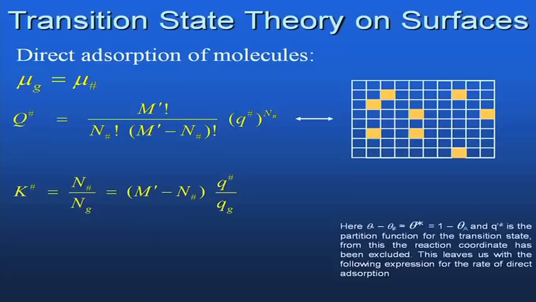So this particular piece of lecture, where we talked about direct or indirect adsorption of atoms and molecules, gave you an idea of how transition state theory can be applied to explain surface reactions, how it depends on gas pressure and on temperature, and how the entropic factors are important in determining whether your sticking coefficient will be close to unity or very small.